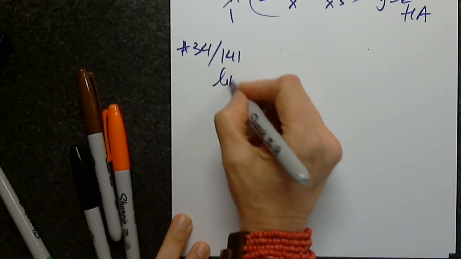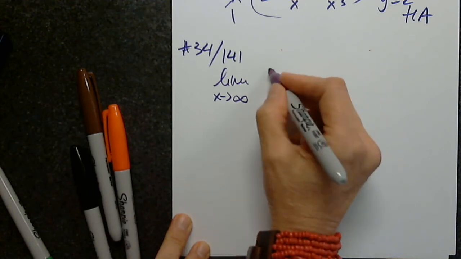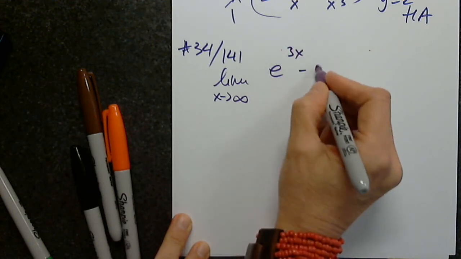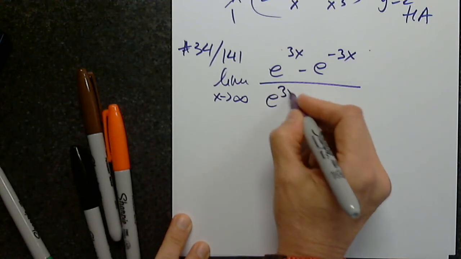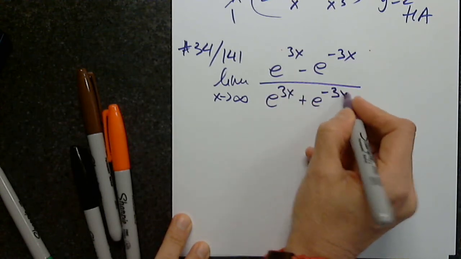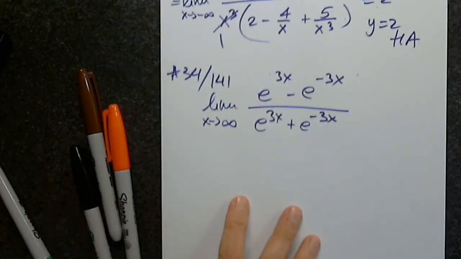Okay, limit as x approaches infinity of e to 3x minus e to negative 3x, over e to 3x plus e to negative 3x.